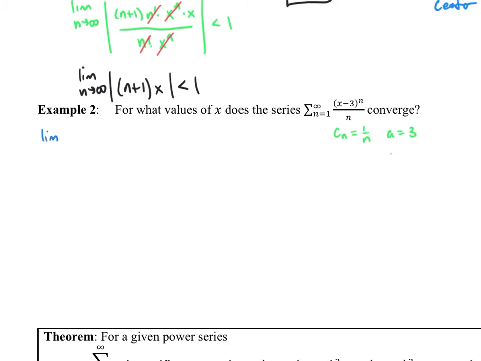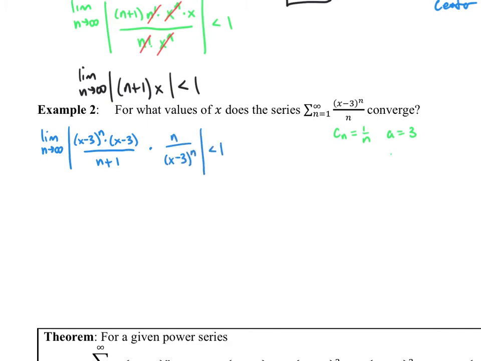So we have the limit as n goes to infinity of the absolute value. I'm going to make this a little bit faster this time. So we have x minus 3 to the n times x minus 3 divided by n plus 1 multiplied by n divided by x minus 3 to the power of n.